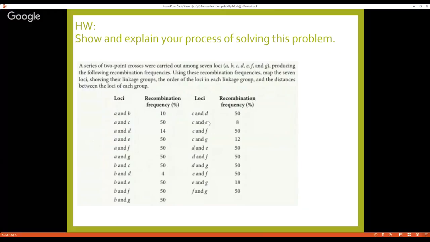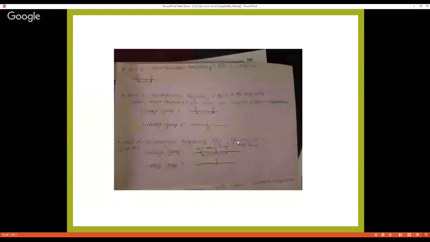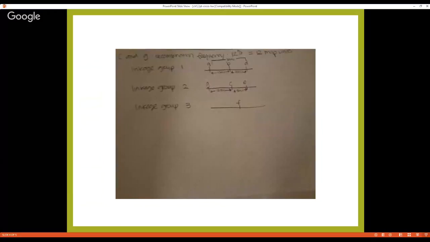And then we look at C and G, and it shows a recombination frequency of 12%. So that means that G is going to be on linkage group 2, and it has a recombination frequency of 12%, which is equal to 12 map units. So G and C are now 12 map units apart.